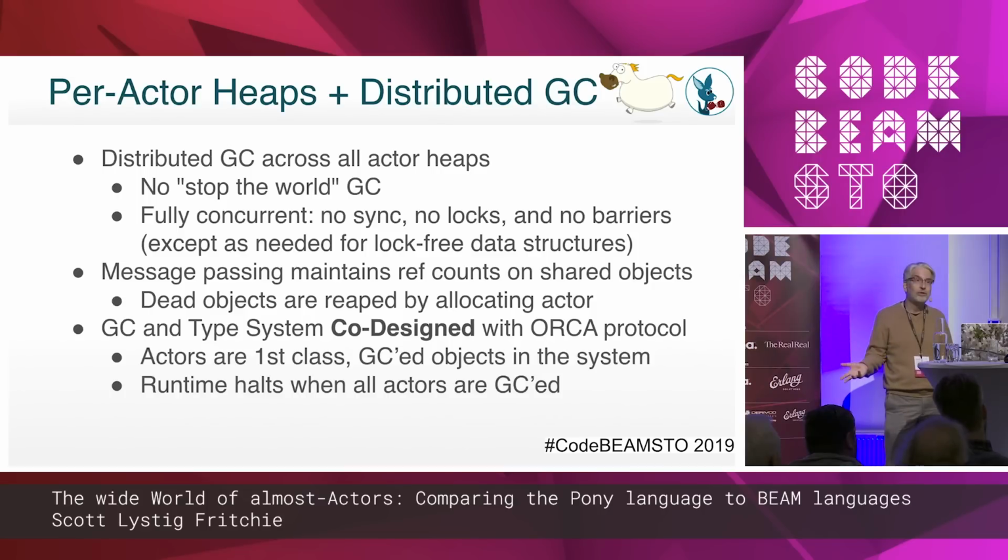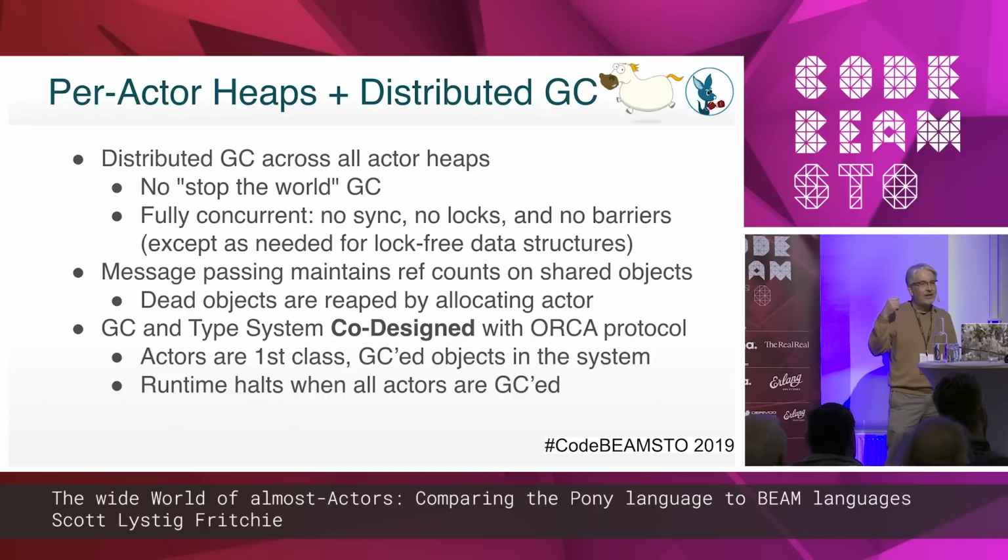There's no stop the world, the default in many JVMs, for example. So the GC is fully concurrent. There are no synchronization points or locks or barriers aside from those needed for the lock-free data structures in the C runtime that is linked in with your Pony application.